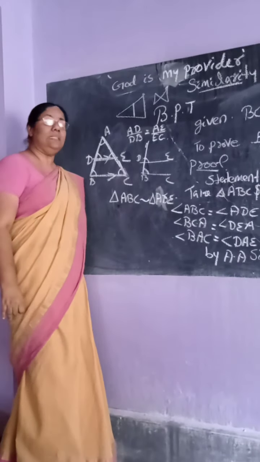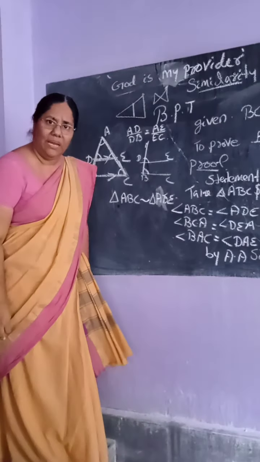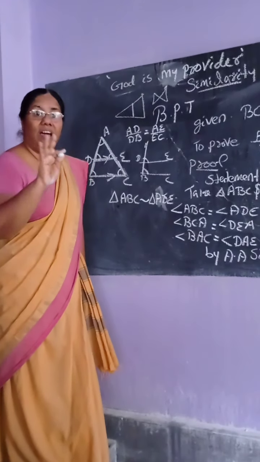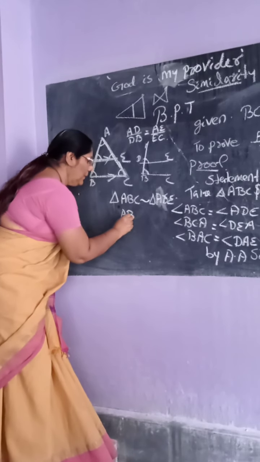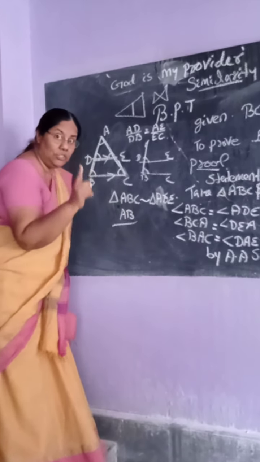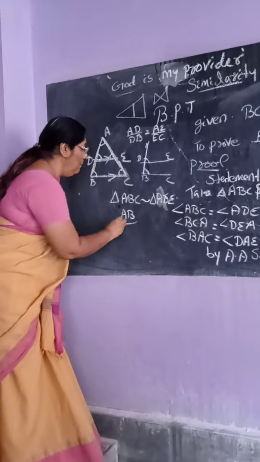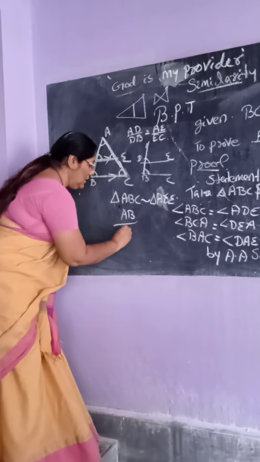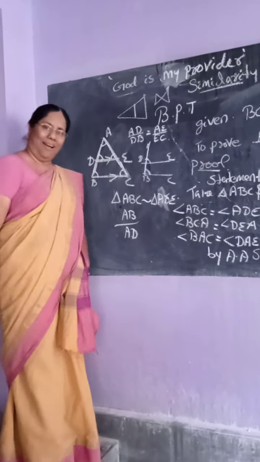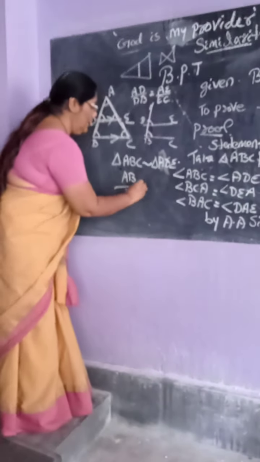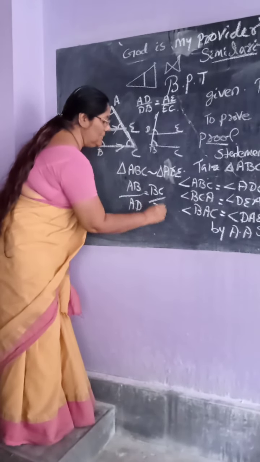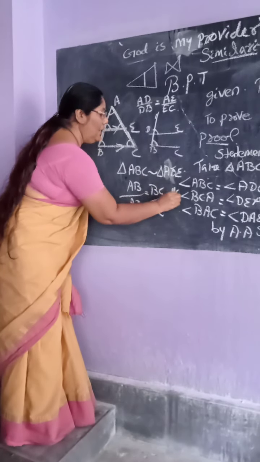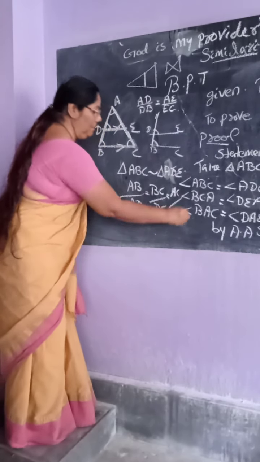Come to the point. Triangle ABC similar to triangle ADE means sides are proportional. Right? AB by AD, the first two letters of the first triangle by the first two letters of the second triangle, is equal to BC by DE, the second and third, is equal to AC by AE.